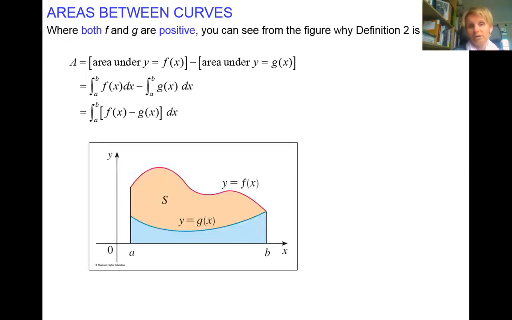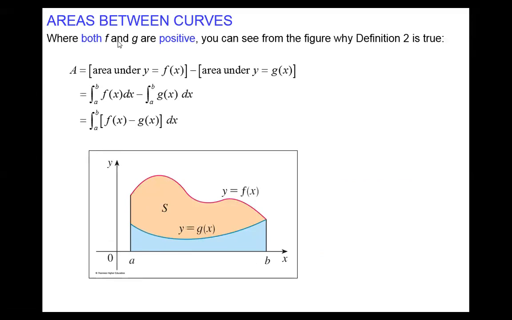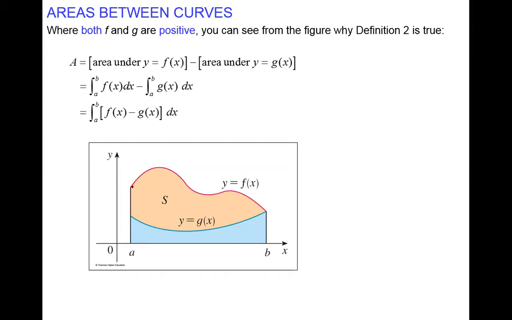Okay, and we can see this definition this way. The area between the curves f of x and g of x is, of course, the difference f of x minus g of x. But let's see, the integral from a to b of f of x represents the area under the function f of x.